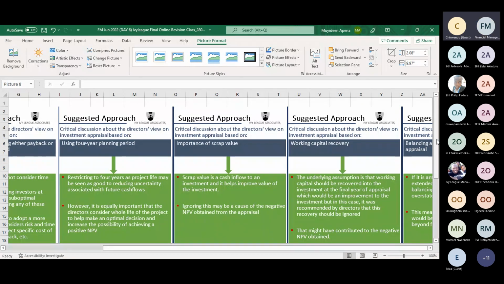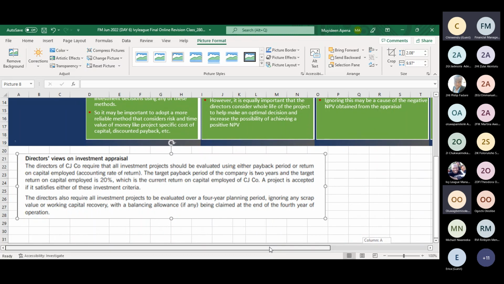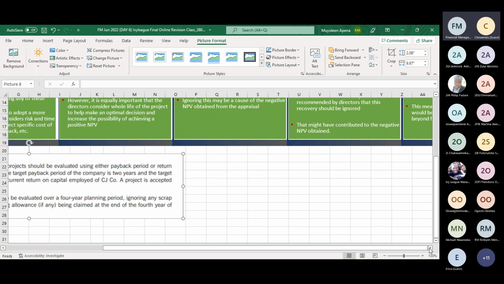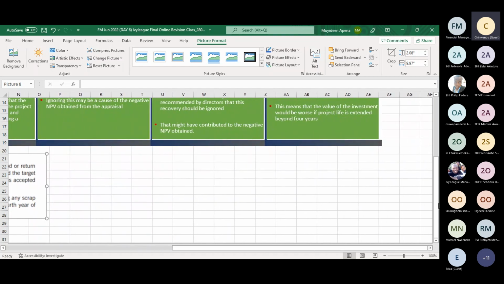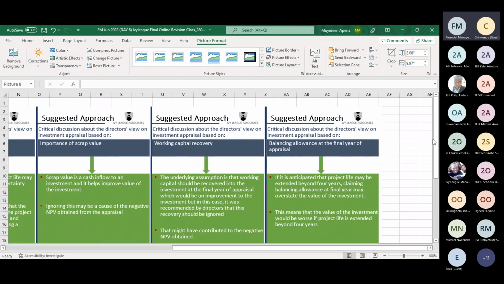Are we following? The last view is saying, balancing allowance, if any, should be claimed at the end of the 4th year of the operation. So look at it. What's their view? So let's critique that view. So balancing allowance at the final year.